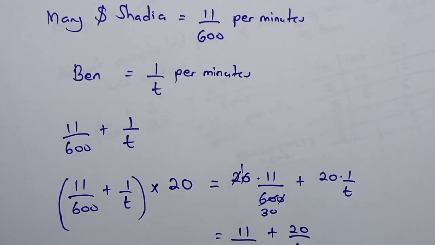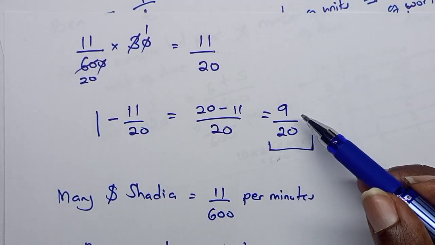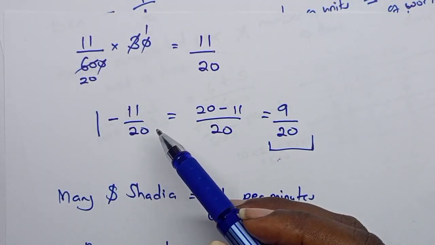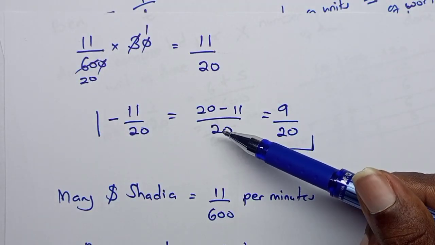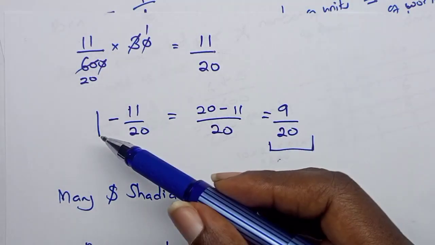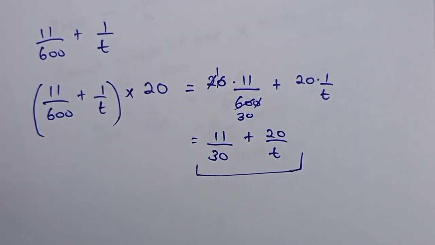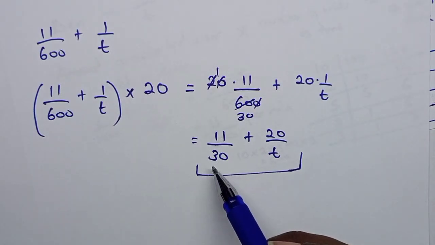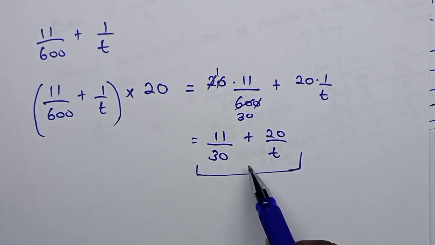So remember also we found that the fraction which was left was 9 over 20 after subtracting what Shadia and Mary accomplished in the first 30 minutes. When we subtracted from the job, we got 9 over 20. And now here, we are getting that when they work together, they accomplish this fraction of work.